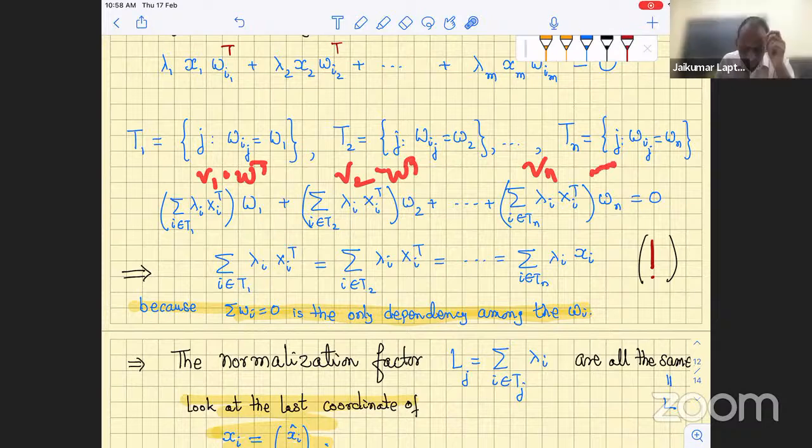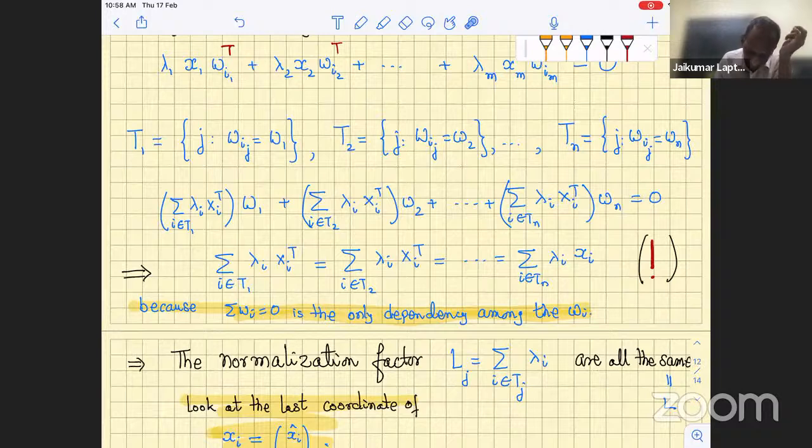Now, if these Vi's were oriented in different directions, I can always take a dot product with some vector and make one of the coefficients go away and become 0, and I will get a dependency among the Wi's which doesn't look like the sum of the Wi's or a scalar multiple of this dependency. Okay, so let me let you figure it out.